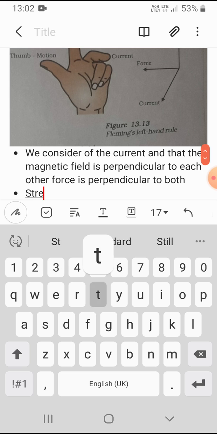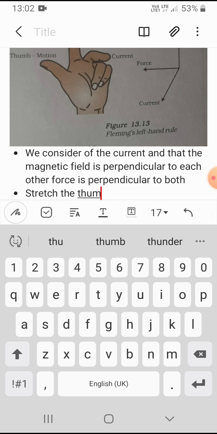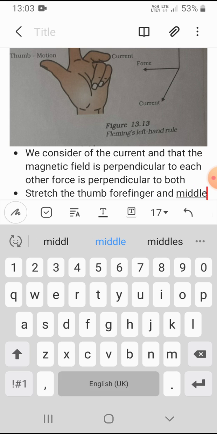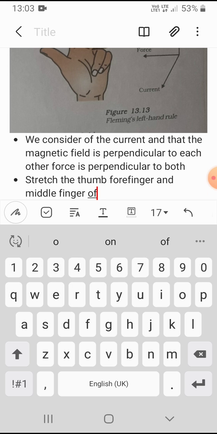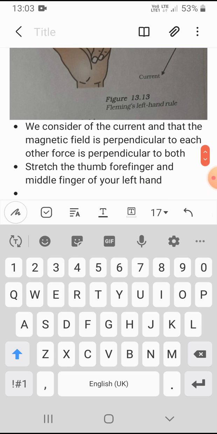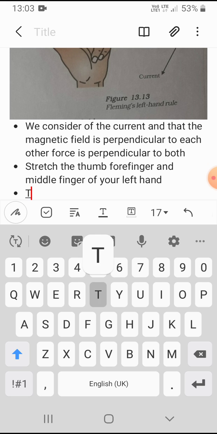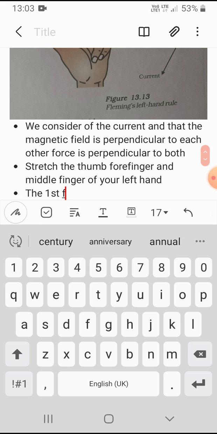What you have to do is stretch the thumb first. Then take the forefinger and middle finger of your left hand, along with the thumb, perpendicular to each other.